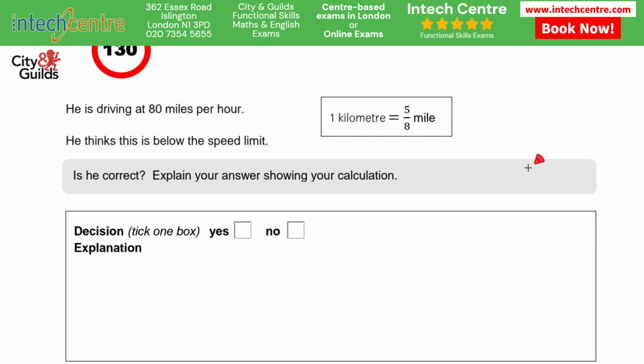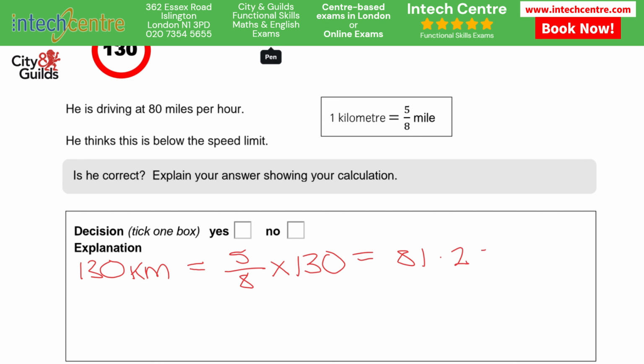So using this, 130 kilometers from the speed limit is equivalent to timesing both sides by 130. So we have 5 over 8 times by 130, which is equal to 81.25 miles.